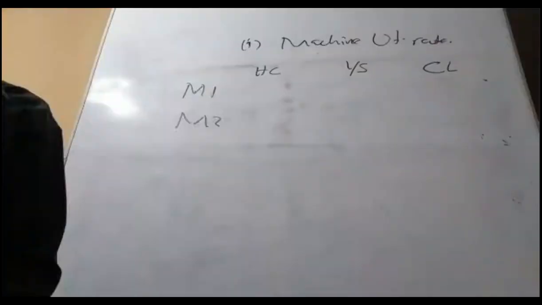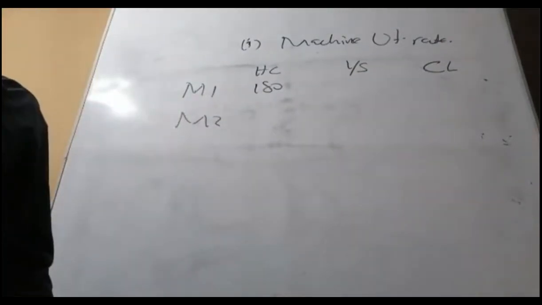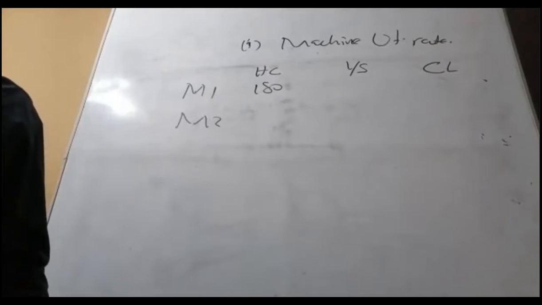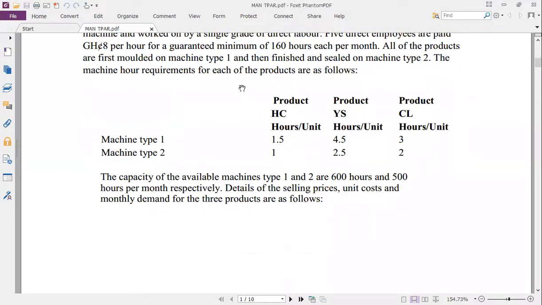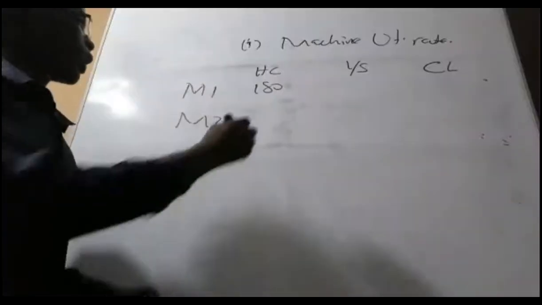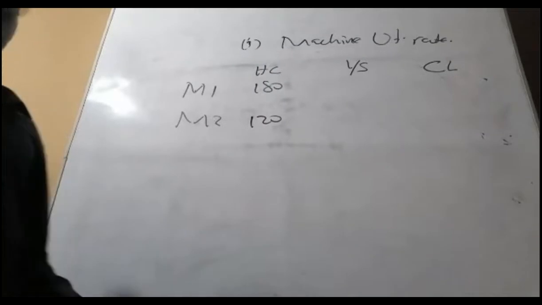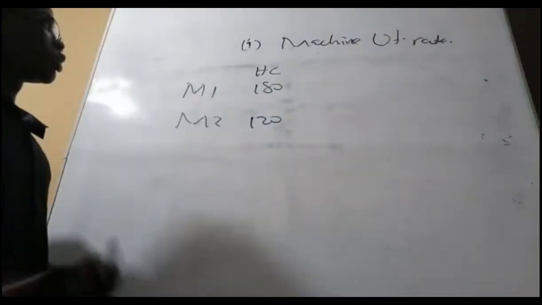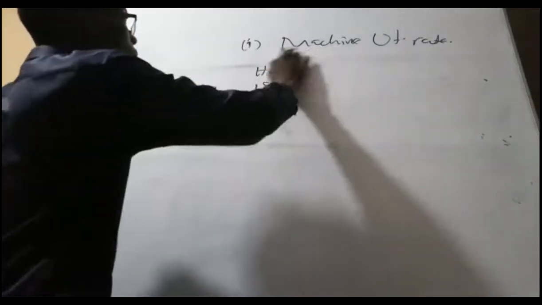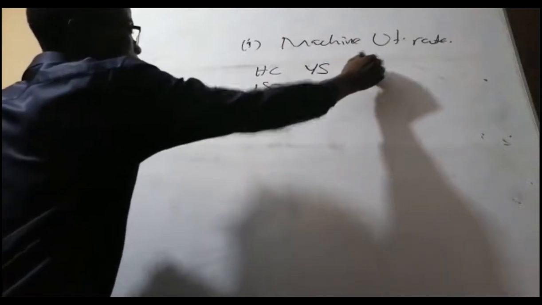Perfect. Then the second, machine type 2 is 1, and it's 120, so it still gives us 120. I think I have to bring them close. The yogurt swallow and CL.